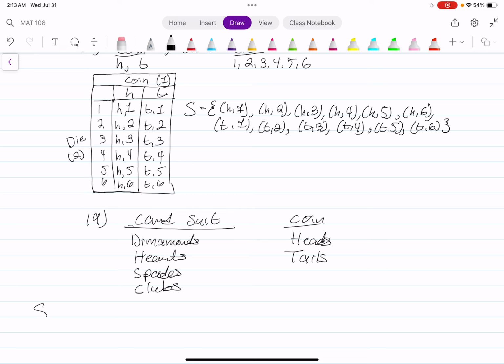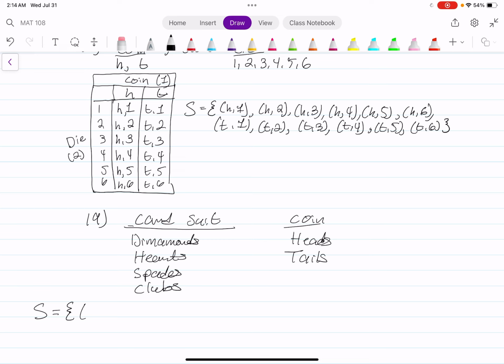So I'm going to write the sample space out. Maybe it's written different than the answer key, but I'm going to give you the general idea of how this should look. So when we have our options, we can have diamonds being the first suit, and then heads being the first coin toss.